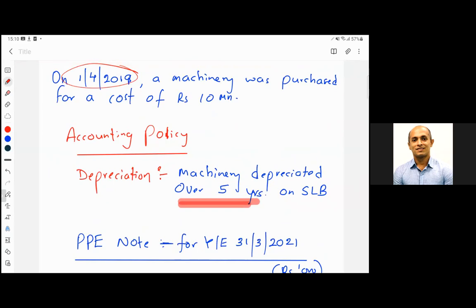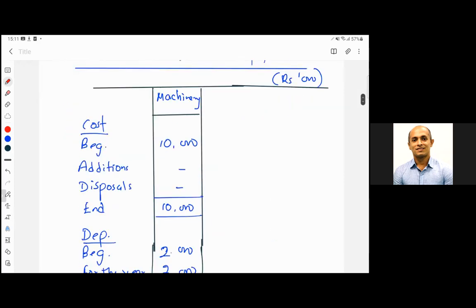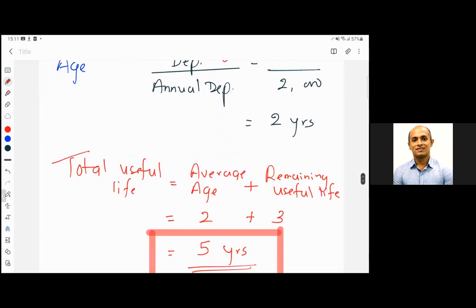The company depreciates machinery over 5 years. If you get a close answer, you can be more sure that the company has made adequate depreciation on that asset. So in this example, you got the exact answer: useful life according to the accounting policy is 5 years, and by looking at the accounts, you got the same answer.